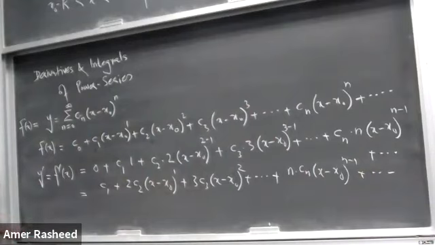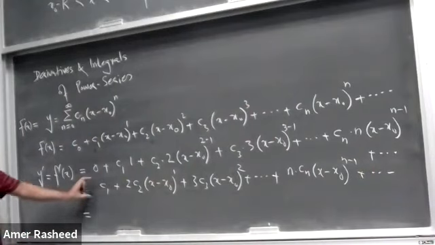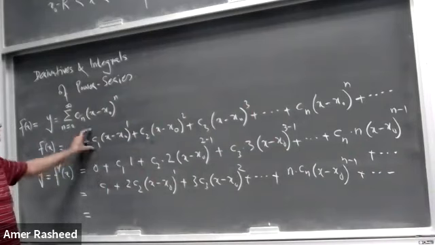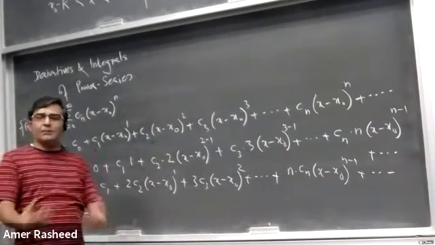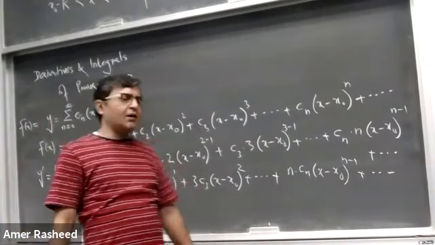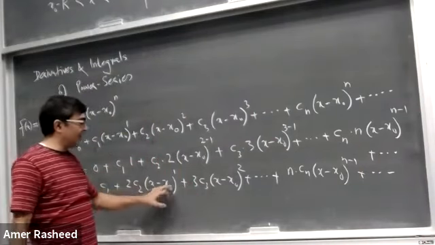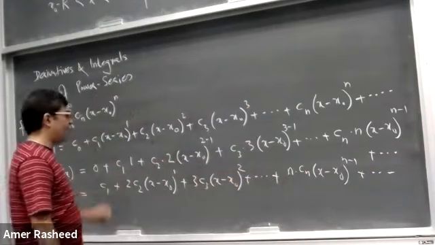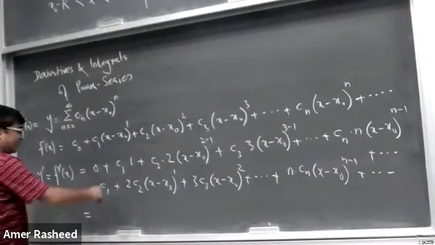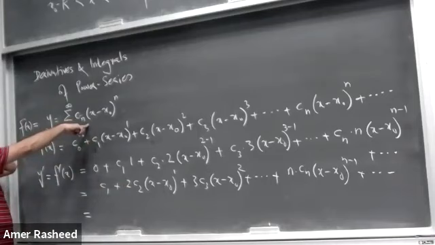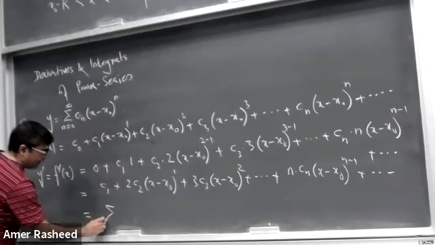Now, if we try to write this power series, the derivative of a power series is again a power series, okay? Because we have powers of x minus x naught here in this series. Now, if I try to write this series back into summation notation, how do I write?